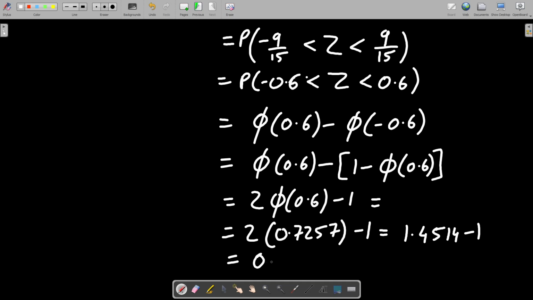So this is going to become 0.4514. Just check this calculation on the calculator. Did it directly. Yeah, correct. Okay, so this is the second answer.